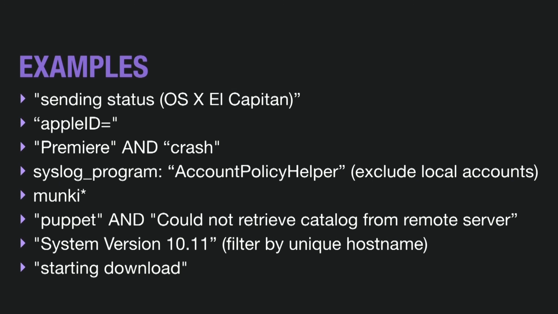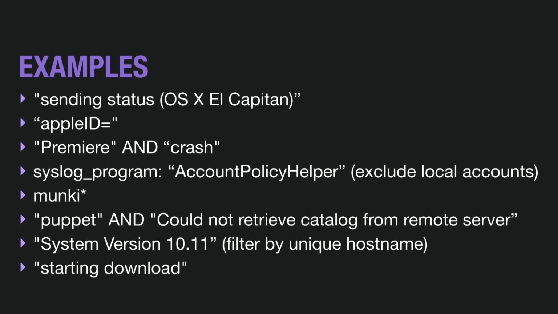You can pull out local user accounts. You can see people that have signed in, how many times they've signed in, and on what machines they've signed in. Again, Puppet error messages, or Munki error messages. You can search system versions to pull back what versions of machines you have. I'll say it's not great.